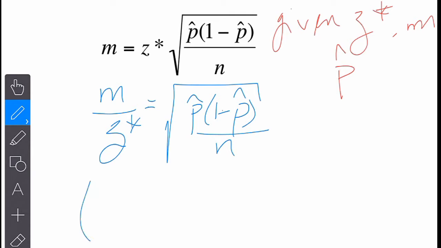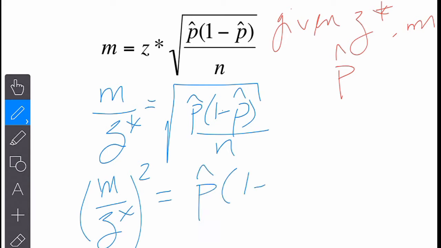I'm going to square both sides. Okay, and so now you're starting to see where the formula comes from.